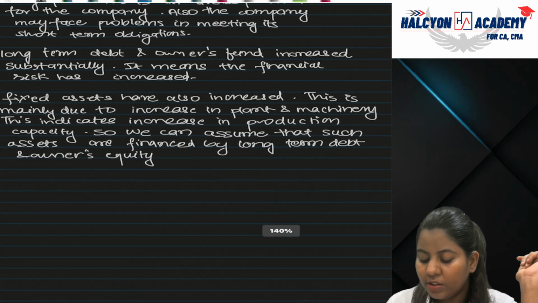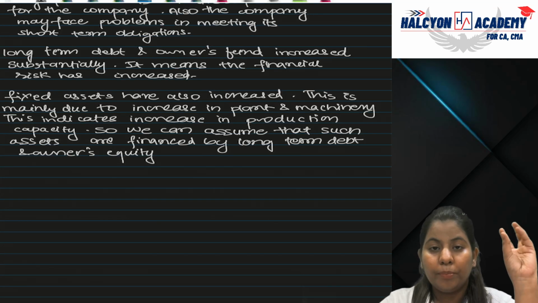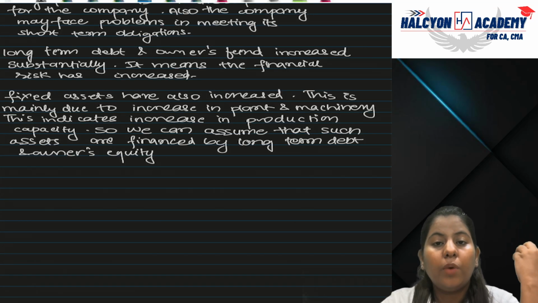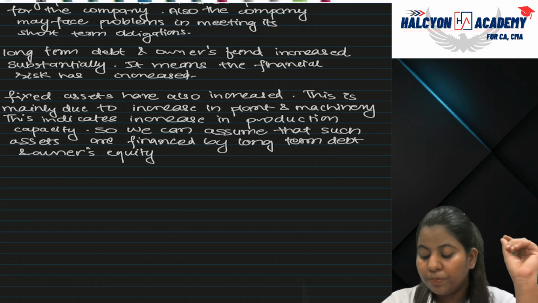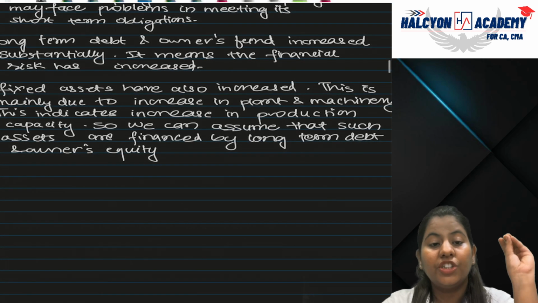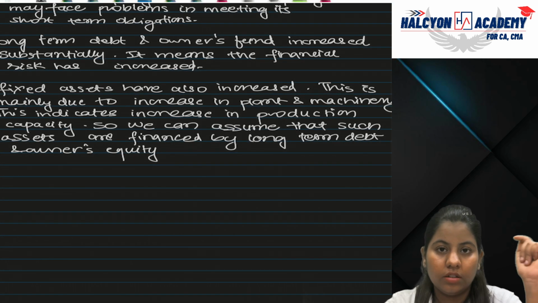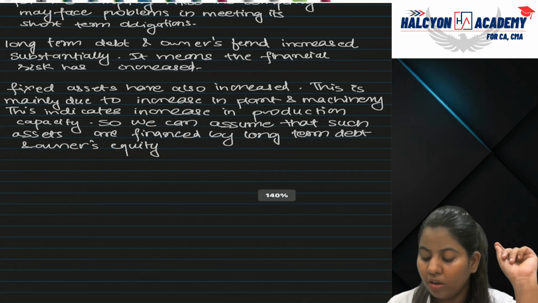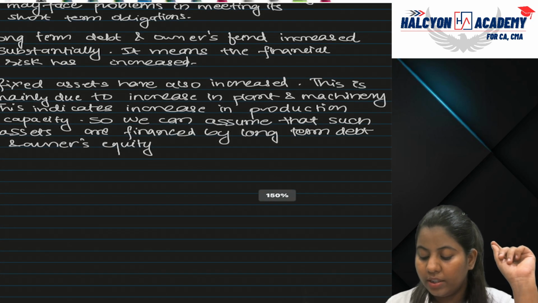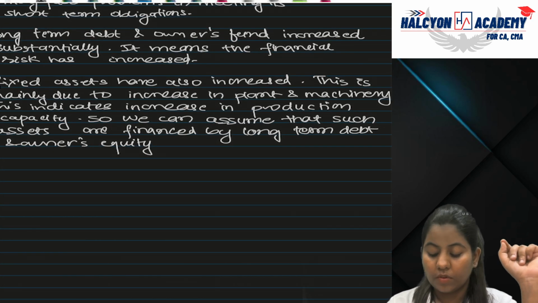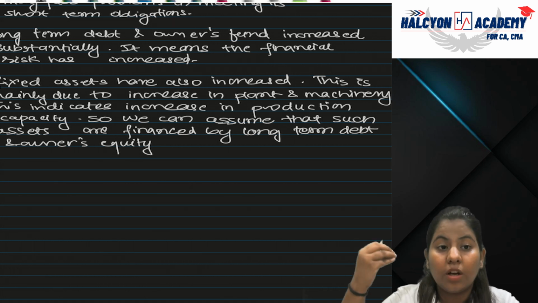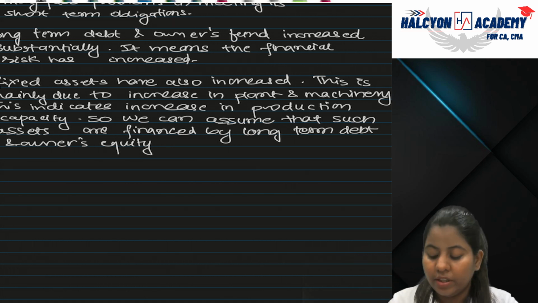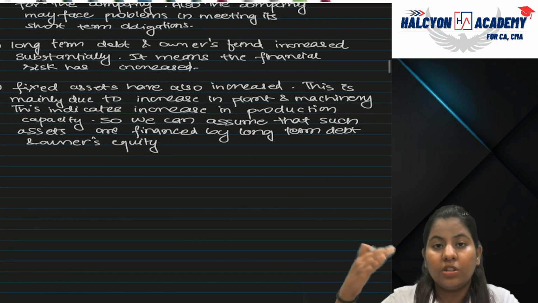So we can assume that the company has borrowed the money from outsiders to increase its production capacity, which is a good thing. In long term, it is a good thing. So it will not affect in short term. It is a long term thing. Growth prospects are there for the company. So it is a positive thing.